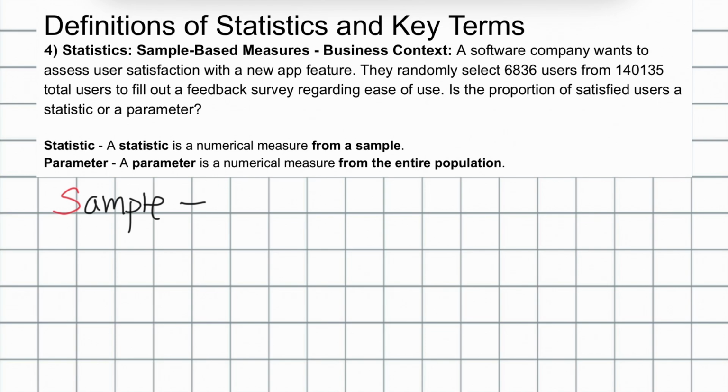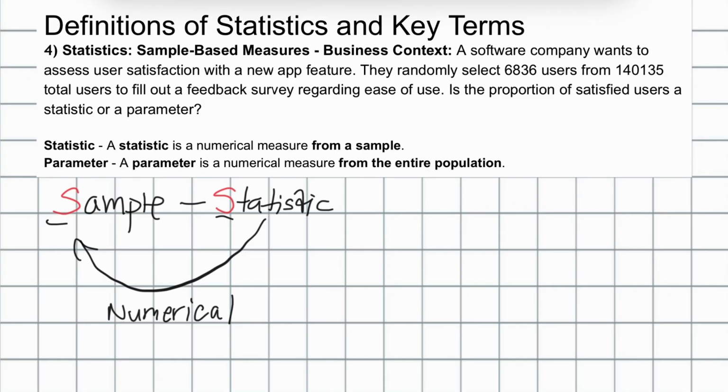So S and S have a correlation. A statistic provides a numerical measurement or measure from the sample, versus, on the other hand, the population.